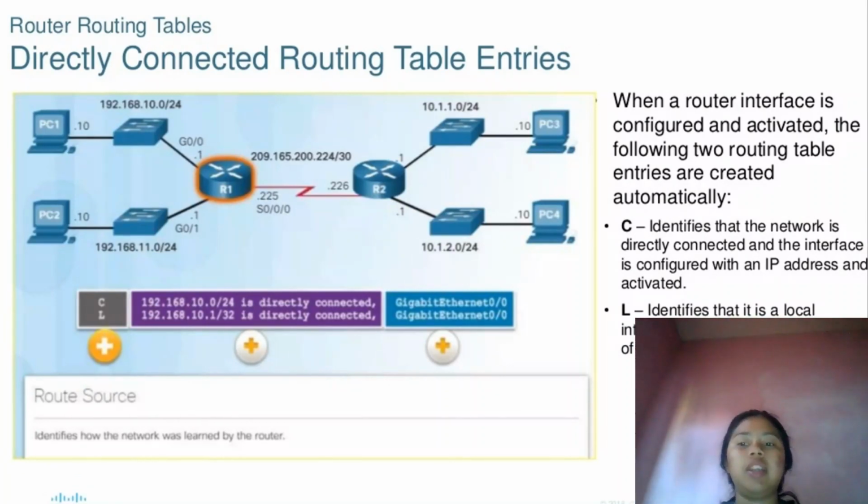You have the C and the L. The C identifies the network is directly connected and the interface is configured with an IP address and activated. L identifies that it is a local interface. This is the IPv4 address of the interface on the router.